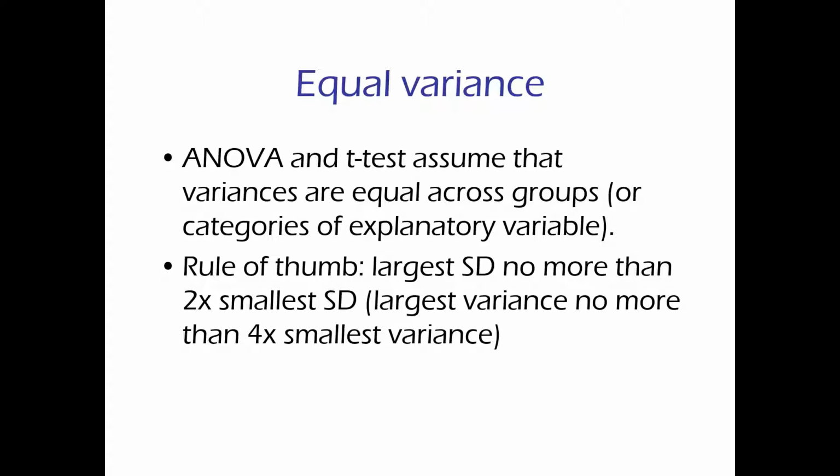For now, within the scope of this class, you can use this rule of thumb. If the largest standard deviation is no more than 2 times the smallest standard deviation, we can say the assumption of equal variances is met. Or we can say the largest variance cannot be larger than 4 times the smallest variance.